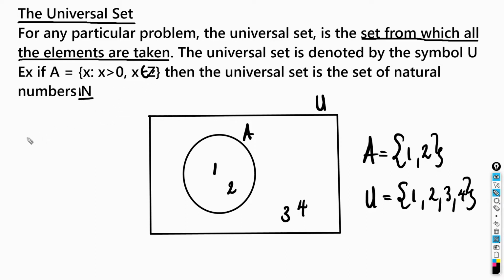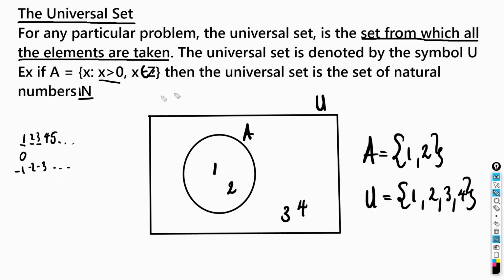Remember, integers are positive numbers, meaning 1, 2, 3, 4, 5, 0, and negative numbers, negative 1, negative 2, negative 3, and so on. So if x is greater than 0, that means x is 1, 2, 3, and x is an integer.